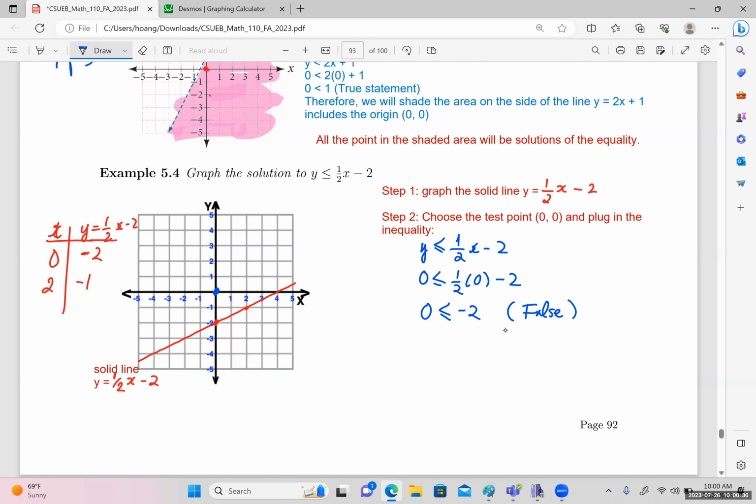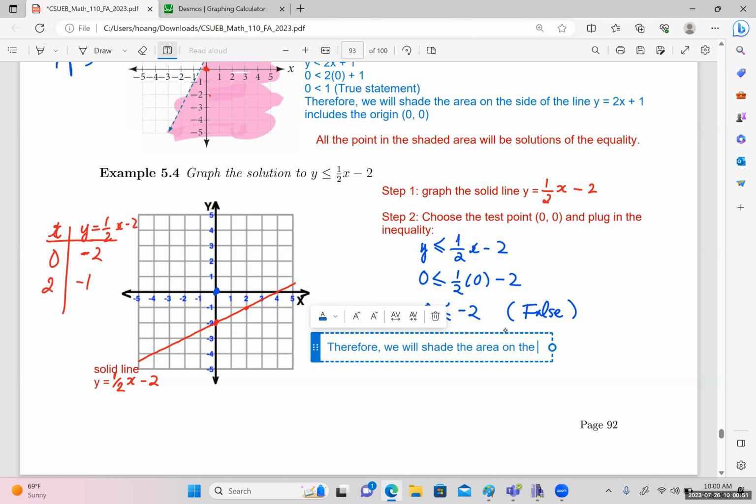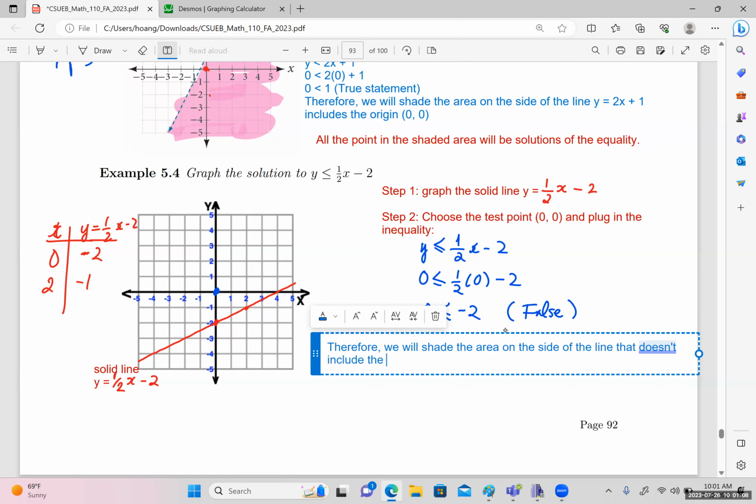Since it's a false statement, therefore we will shade the area on the side of the line that doesn't include the origin, 0, 0.